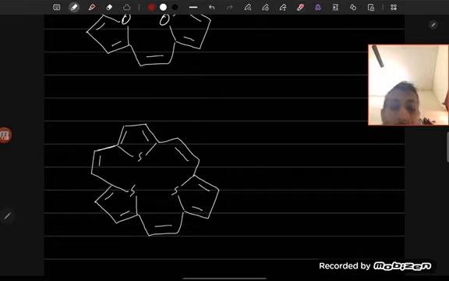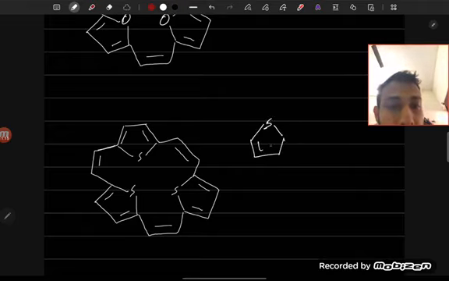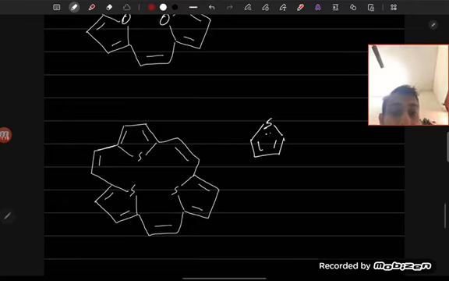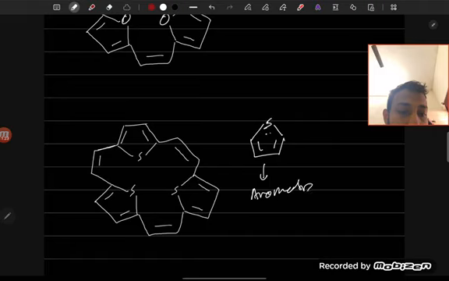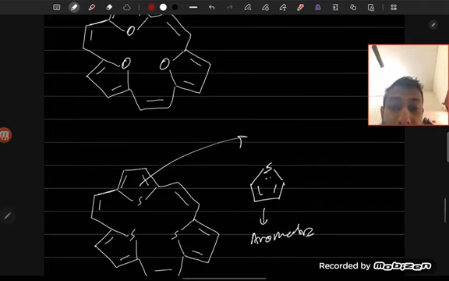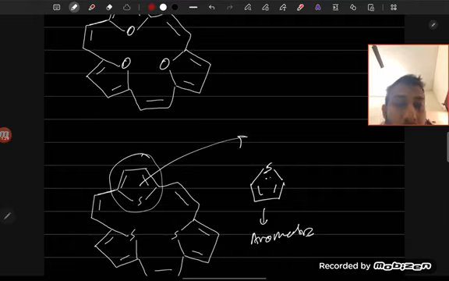And as we all know that thiophene has a good amount of aromaticity because of the lone pair. This particular unit is aromatic, but that compound is not aromatic, and this unit is individually not aromatic. Why?